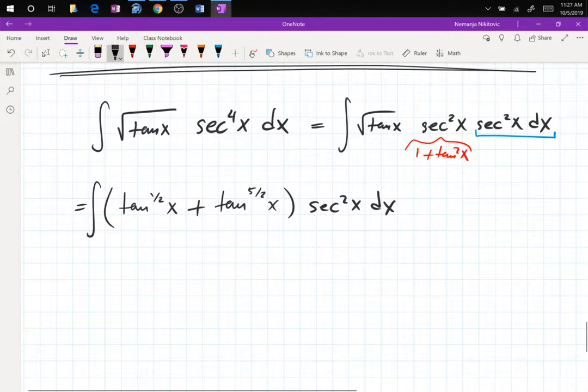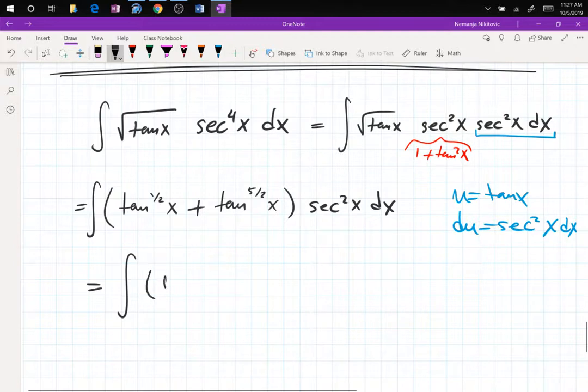So now you get to do the u sub, because now you have tangent for u, and du is secant squared x dx, which is exactly what you have in a bank for it. So this becomes u to the 1/2 plus u to the 5/2 du, basic integrals.